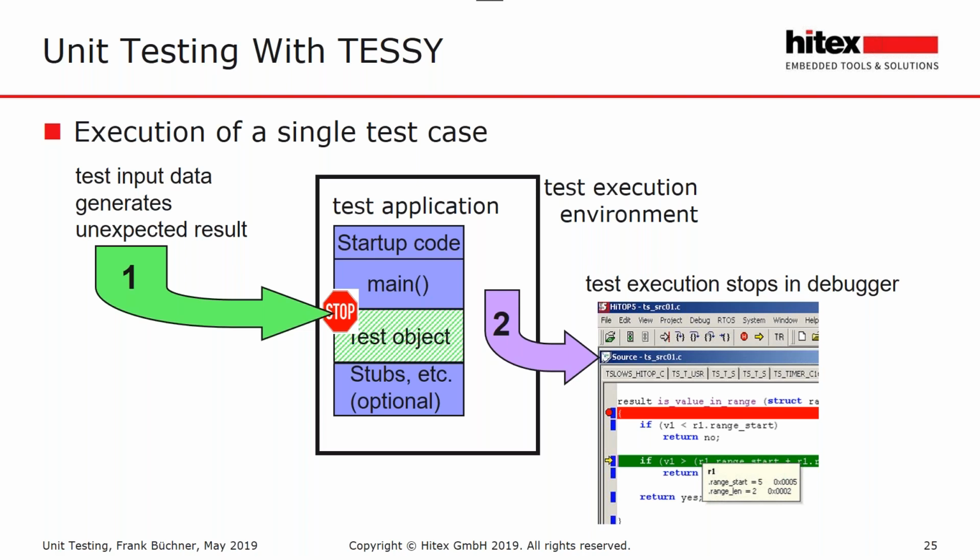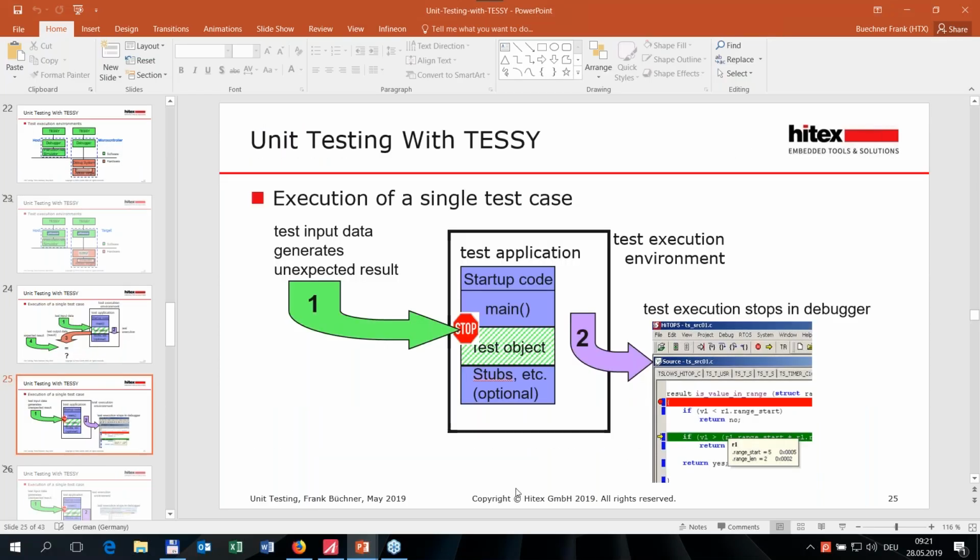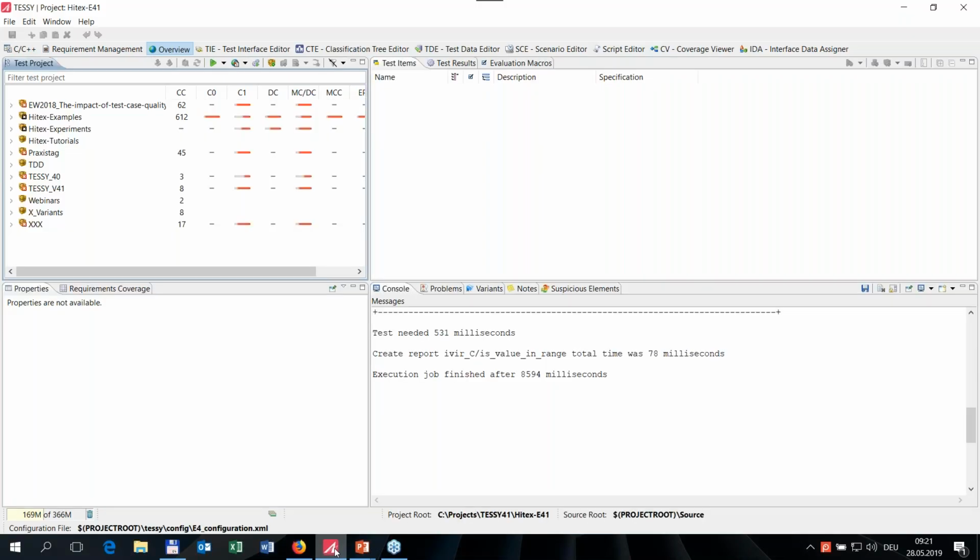Okay, this was the theory part. Now we come to the live demonstration. You see here now the graphical user interface of Tessie. You might recognize that it looks like Eclipse.